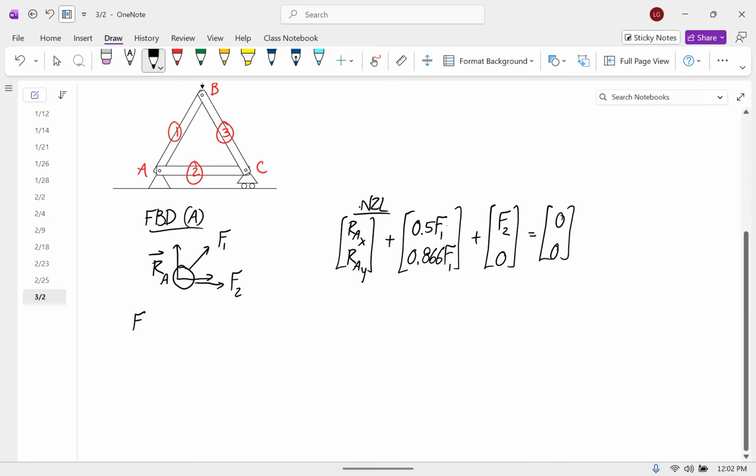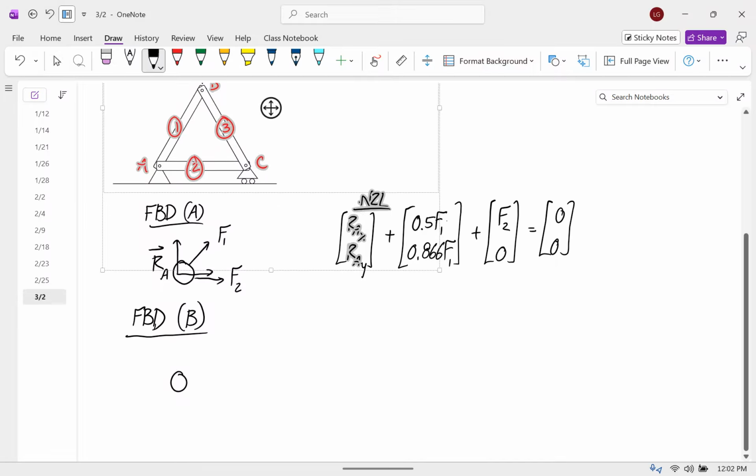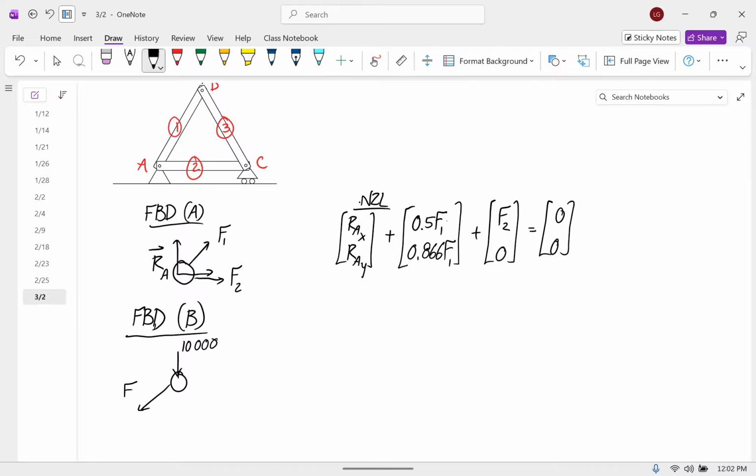We have the 10,000 Newton force down. F1 goes that way. F3 goes that way.